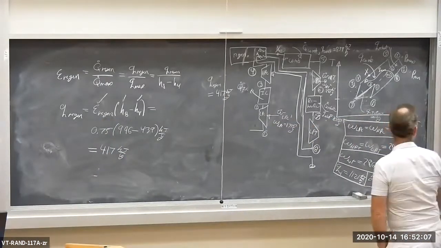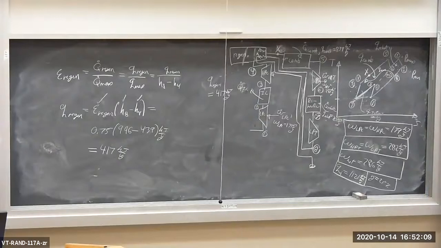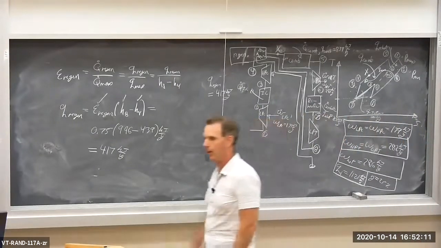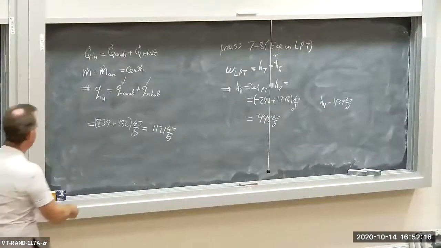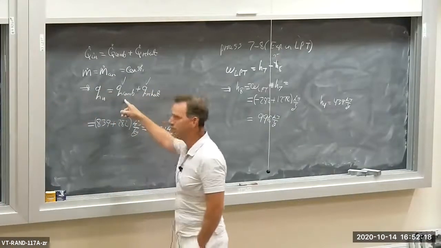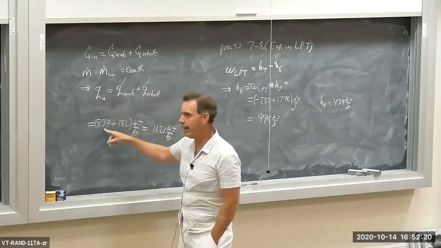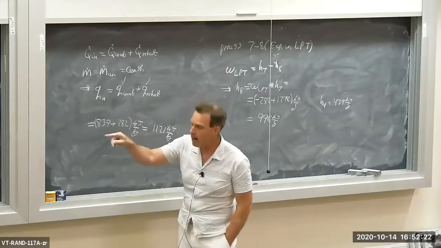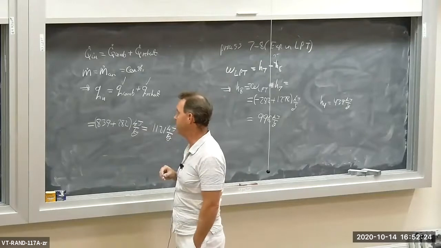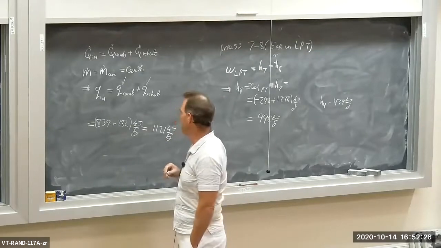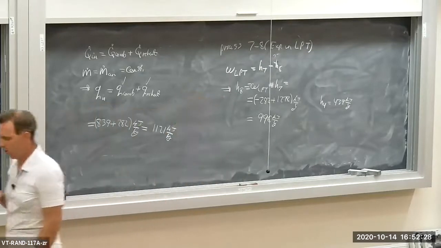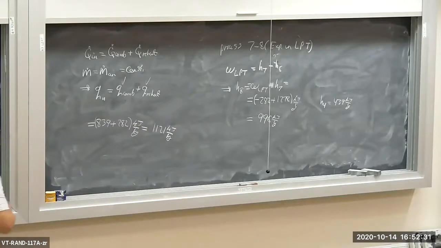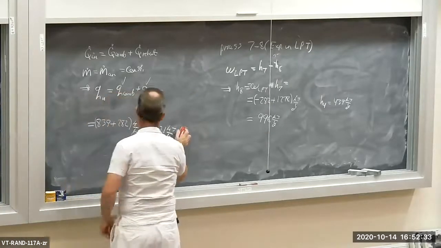Well, instead of adding the full 839 kilojoules in the combustor, I only have to add 839 minus 417.